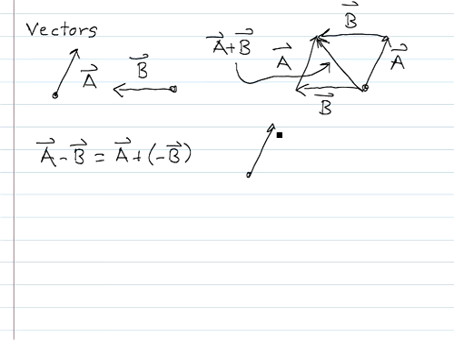This is called the tail to tip method. Now I'm going to draw the vector B, but in the opposite direction. So it used to point to the left, and now it points to the right. And so if we use the tail to tip method, here's the vector B starting where A ended. If we use the parallelogram method, here's the other vector A on the other side.